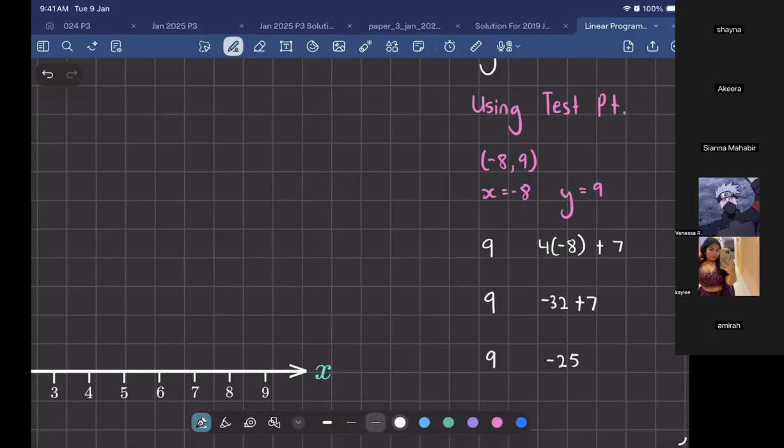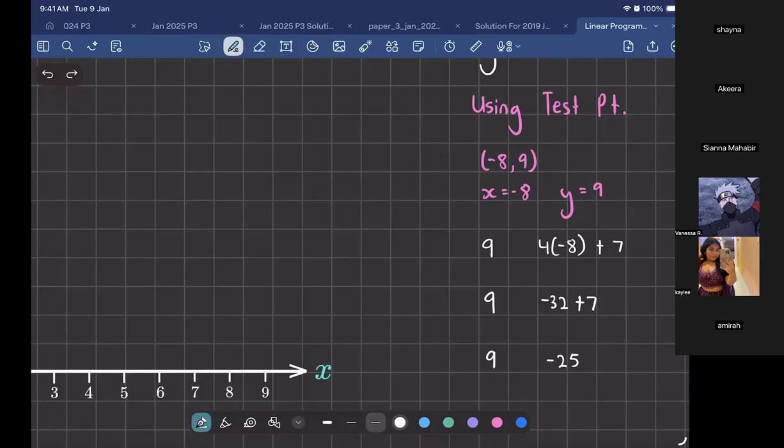Do you understand that? A lot of students just think it's minus 39. Nah, it's minus 25, because the negative number is the greater number here, the size of the negative number is bigger. So my final answer is going to be a negative answer. It's like paying back $7 out of the 32, so 25 is still owing.